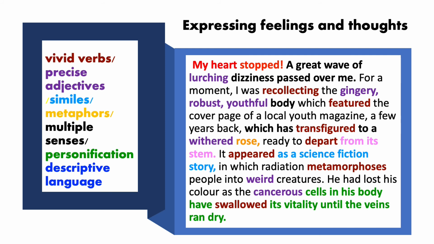And then gingery, robust, youthful body is a visual imagery. Personification is used at the end by using an active verb, swallowed, for cancerous cells: cancerous cells in his body have swallowed its vitality until the veins ran dry.